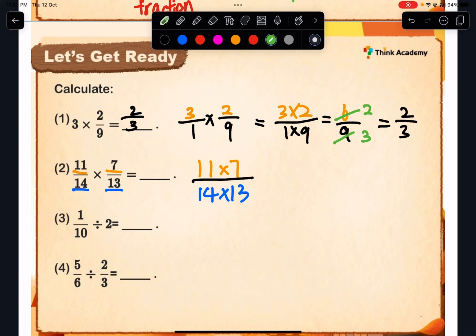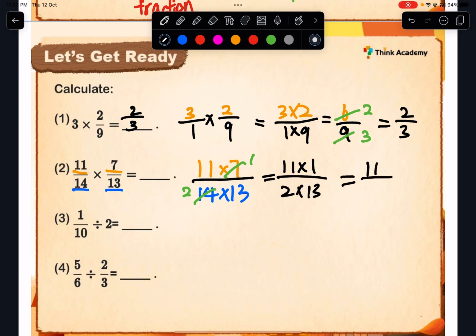So can you see any common factors between one top number and one bottom number? 7 and 14, right? So 14 is a multiple of 7, so 7 becomes 1. 14 is 7 times 2, so it becomes 2. 11 and 13 are prime numbers, so I don't think we can simplify them. So at the top, we have 11 times 1. At the bottom, we have 2 times 13. We get 11 out of 26.